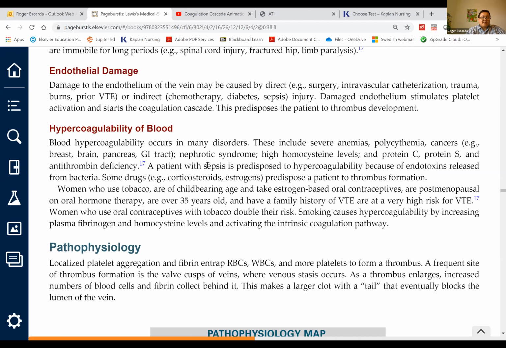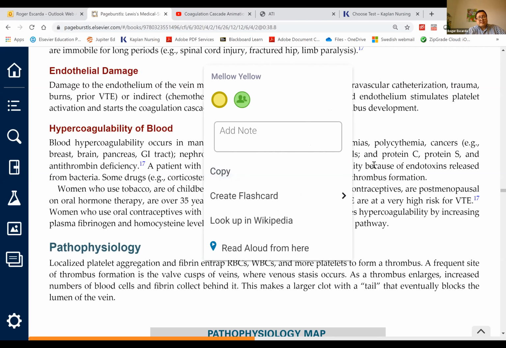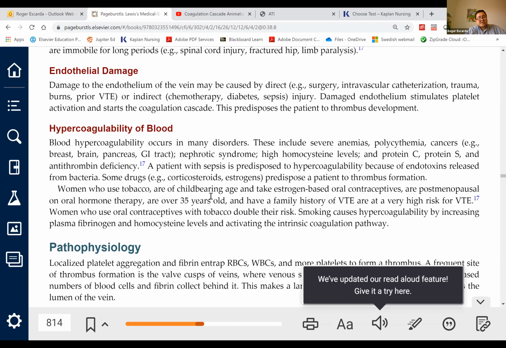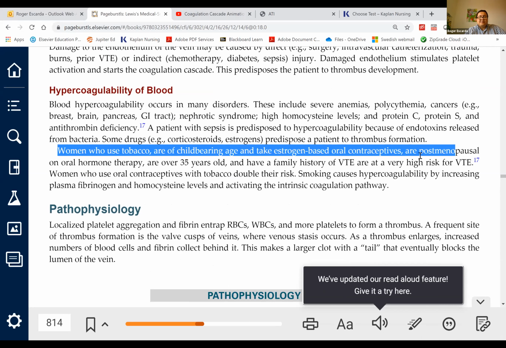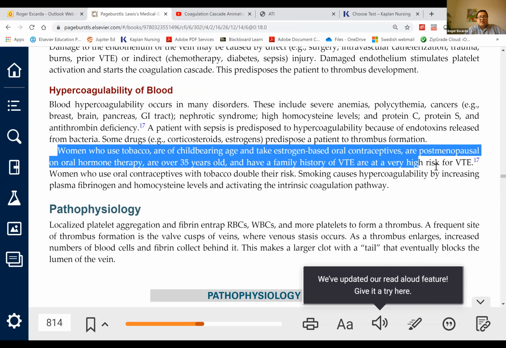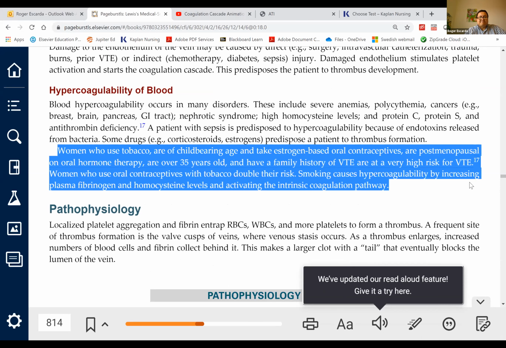But always think of sepsis and DIC together. DIC can result from severe sepsis or septic shock, especially. Also when you smoke, take OCPs, or do both. Those are, again, very high risk factors. And these are the explanations of why they do that.